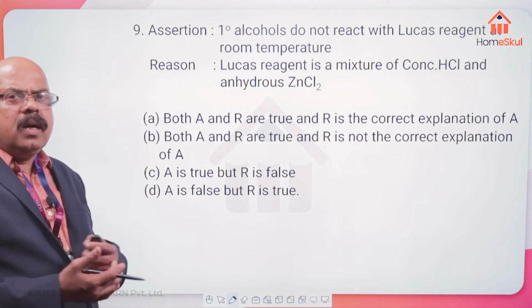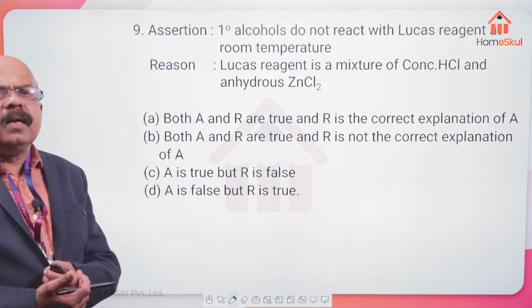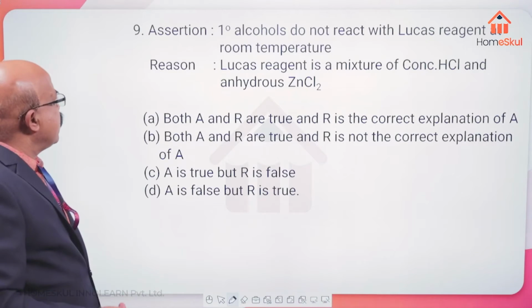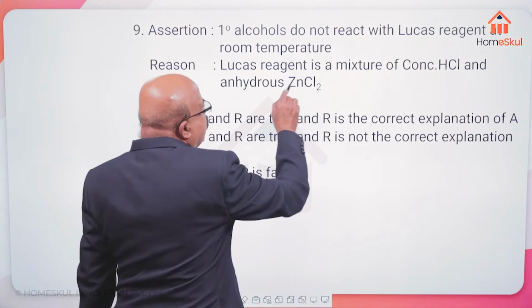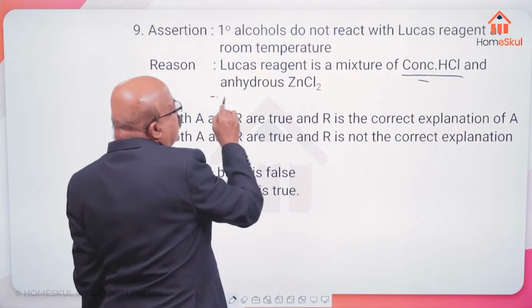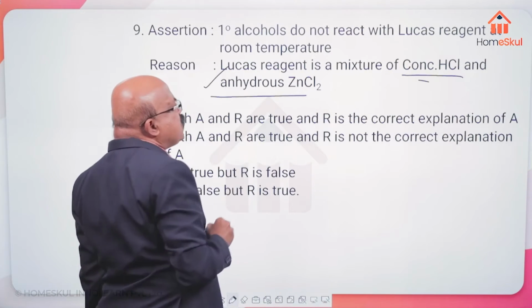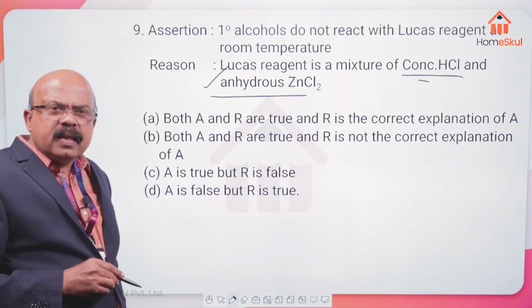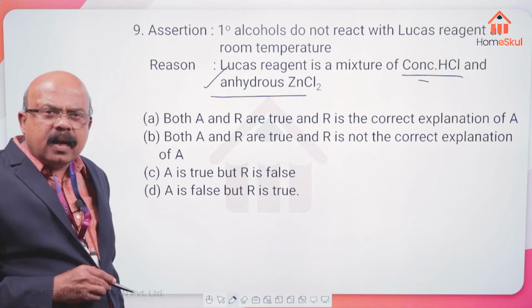It is because at ordinary temperature, it cannot form the transition state readily. The reason given is that the Lucas reagent is a mixture of concentrated HCl and anhydrous zinc chloride. This statement is also correct.